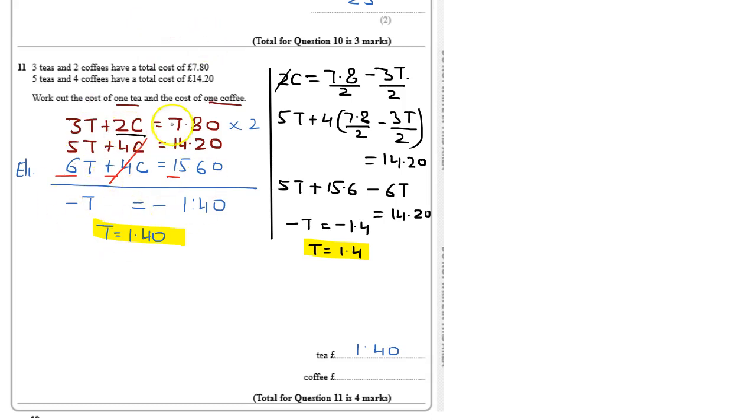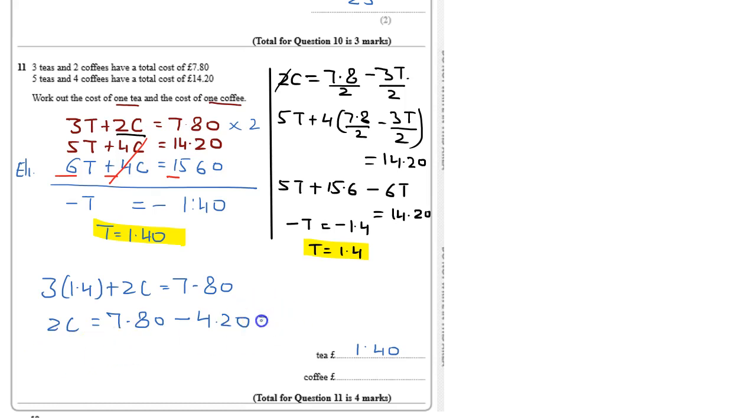Now t is there. What is the price of the coffee? So 3 times t, which is 1.4, plus 2c is equal to 7.80. So 2c is equal to 7.80 minus 4.20, since 1.4 times 3 is 4.20.